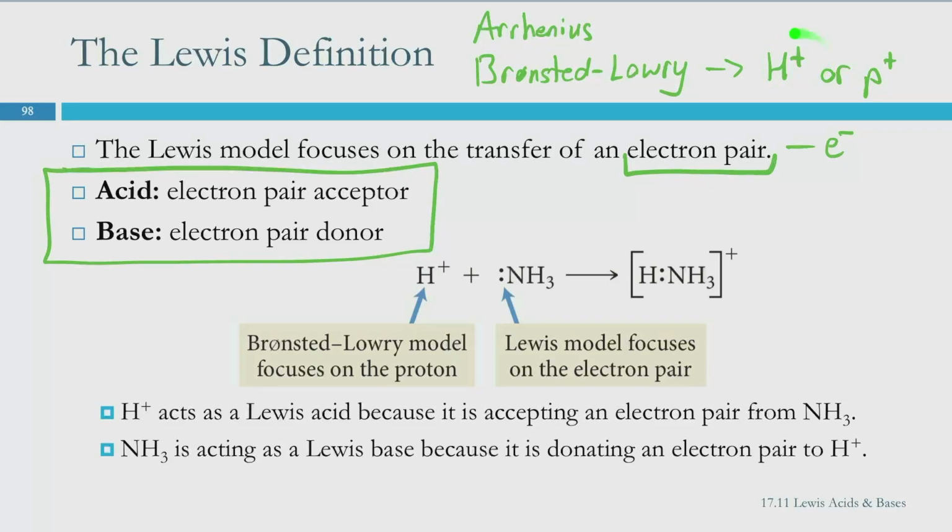In the Bronsted-Lowry model, if we're donating a proton, then that makes it an acid. In the Lewis model, if we're donating an electron pair, the thing we care about, then we're a base. In both cases, H+ behaves like an acid. So our Lewis model, focusing on the electron pair, helps expand our definition of things that are acids and bases.